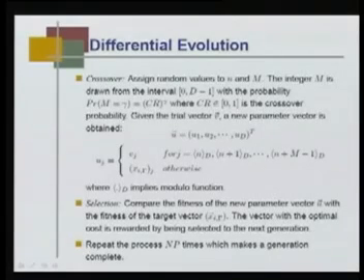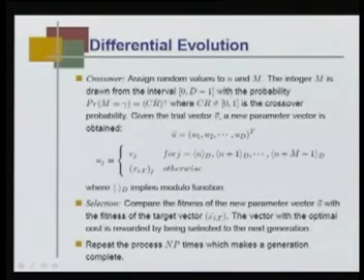N can be any integer, but the integer m is drawn from the interval 0 to d minus 1, because each parameter vector in the solution space consists of d parameters, as we are considering a parametric space of size d.